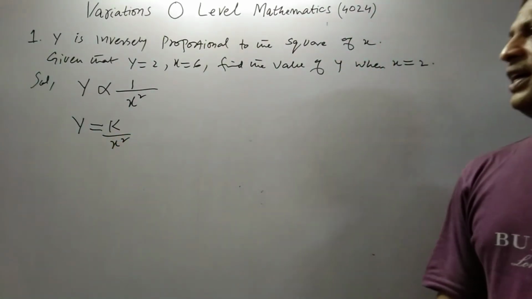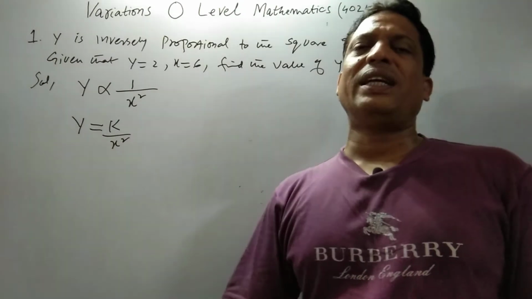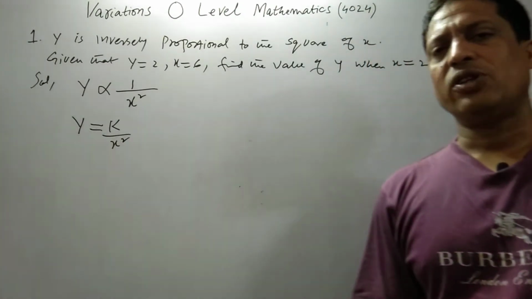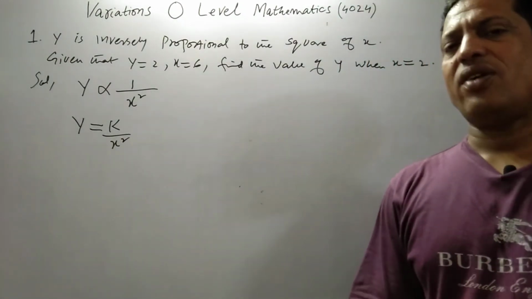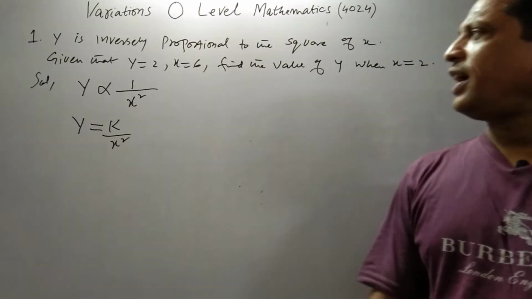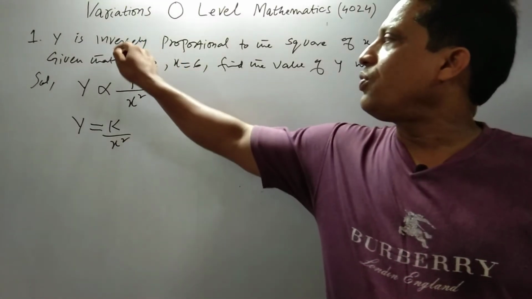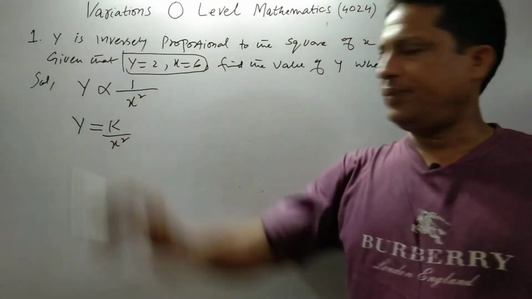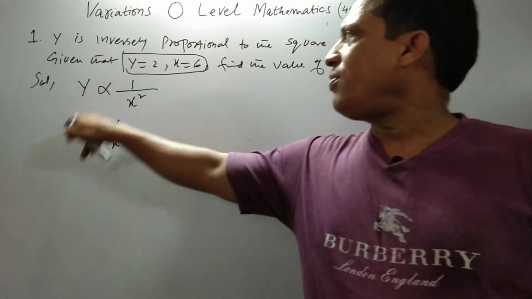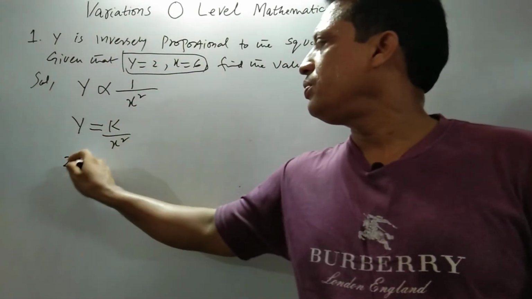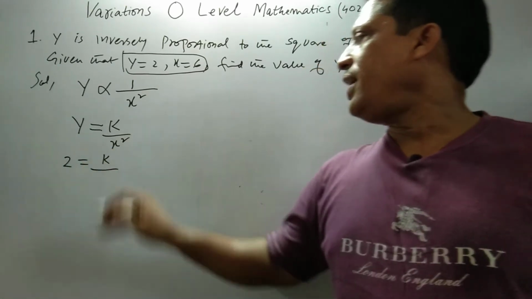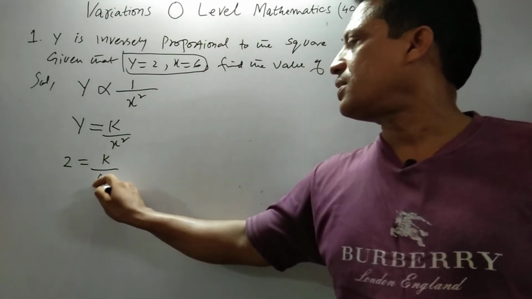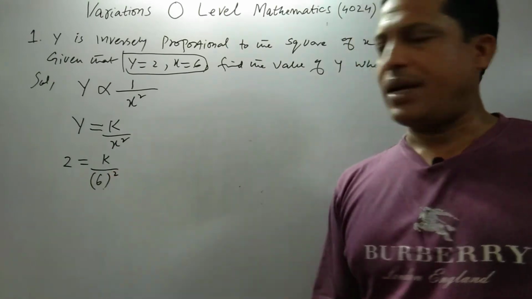Then after making the equation, the next step should be to find the value of k. How to find the value of k? By using the first two values. The value of y is given, which is 2. The value of x is given, which is 6 square.